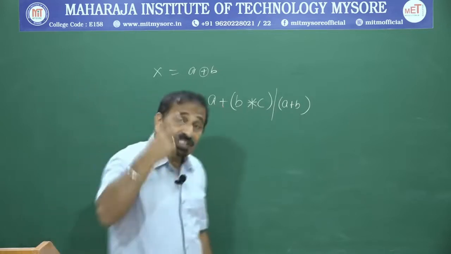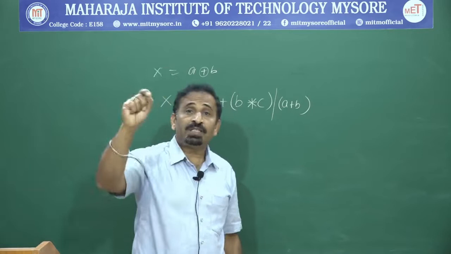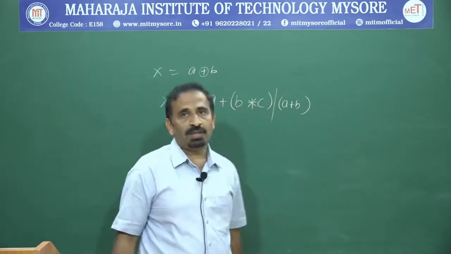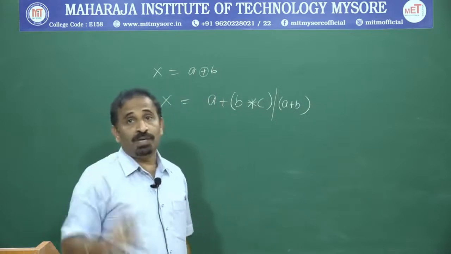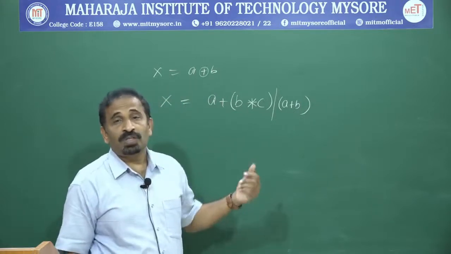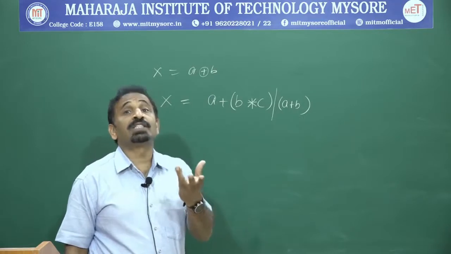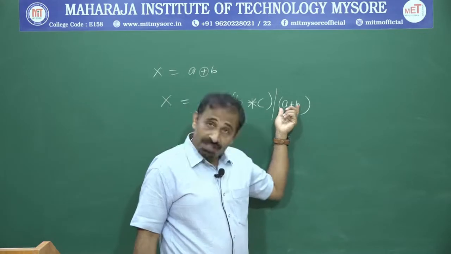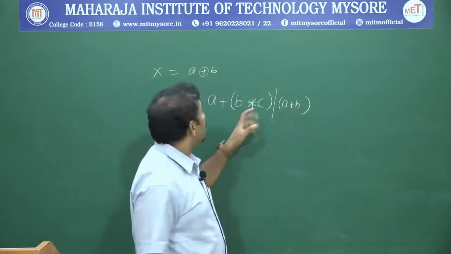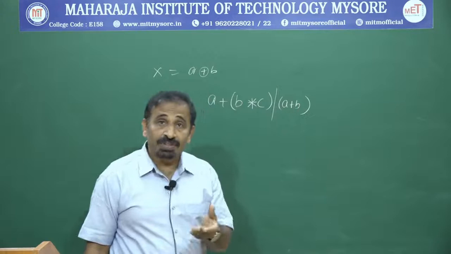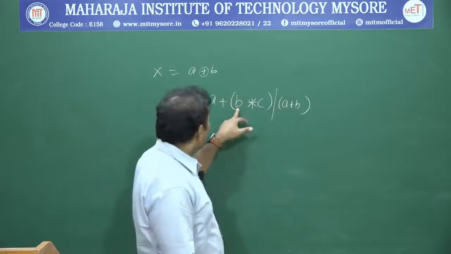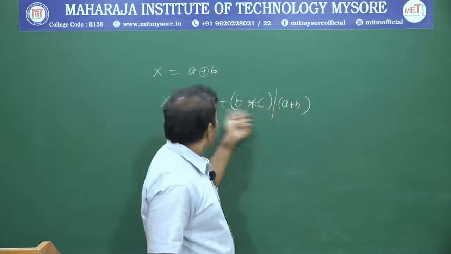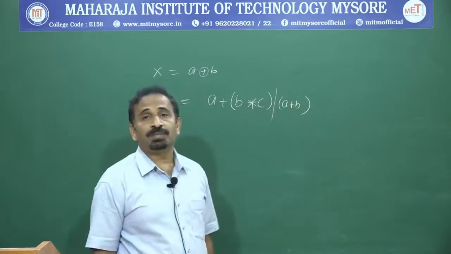It means which inner operation are you doing first? If you know the values of a, b, c and all, to compute this x value as per this equation, which part of the equation are you executing first? In fact, you are supposed to do a plus b first, keep it aside, then make b star c ready with you, then divide b star c by the a plus b that you have kept already, and later you can just do the addition.